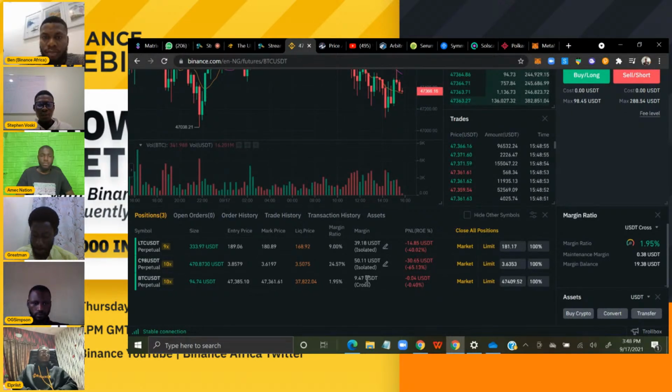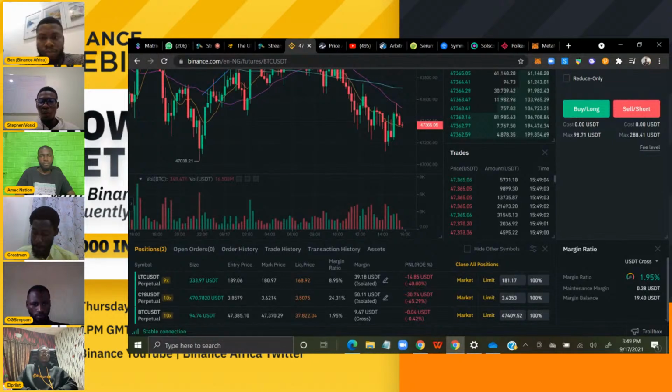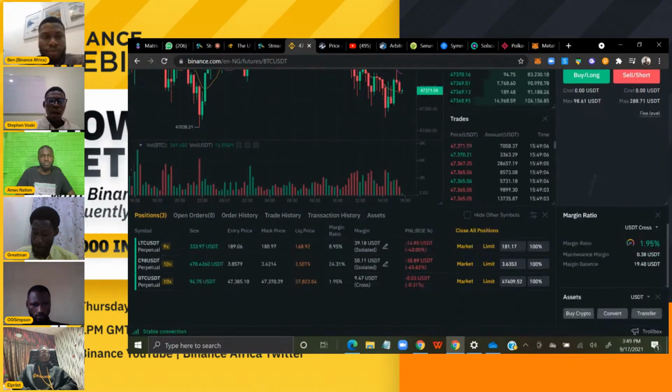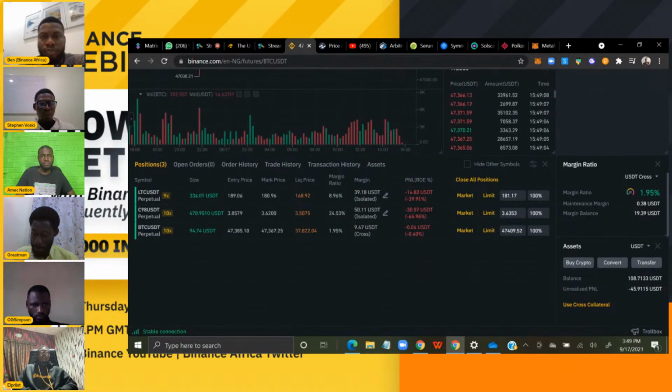So the leverage has increased my capital in a way. And if this trade goes right, BTC moves up by 10% today, I'll be making 100% on this trade, which is 94.6 dollars.